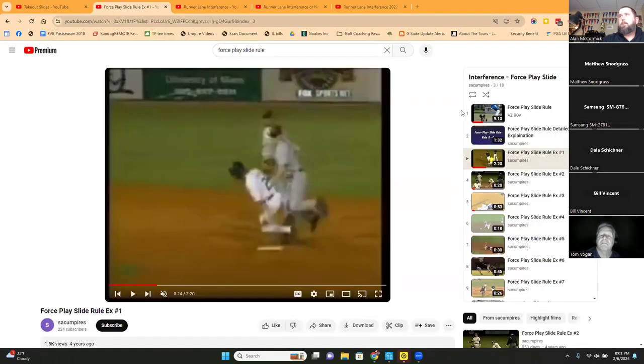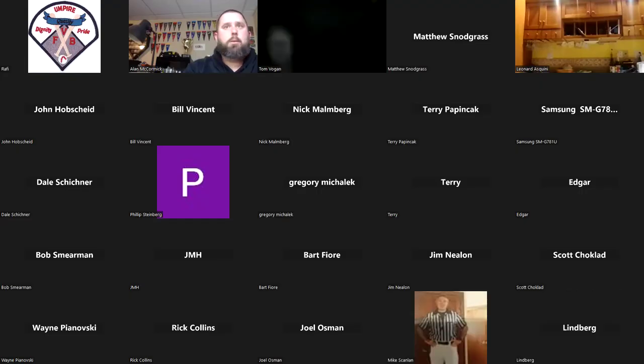All right. Now runner's lane interference. We're going to talk through the rule a little bit. I don't have a presentation on this necessarily, but I'm going to just put a diagram up here.